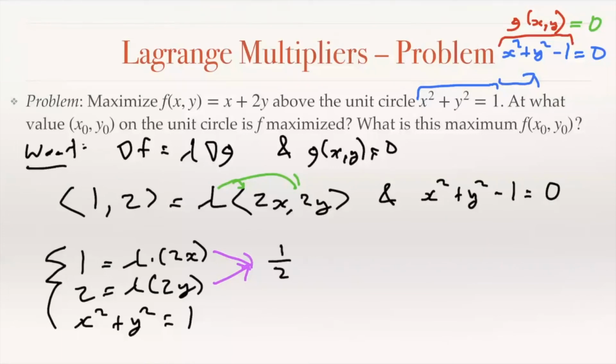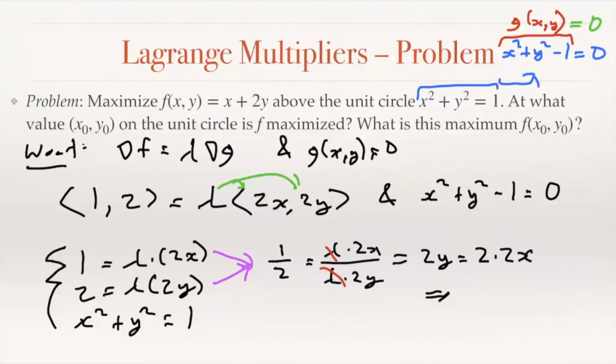We have 1/2 is lambda times 2x over lambda times 2y. Those go away. We don't even care about them. They're good dummy variables really. And we have 2y is 2 times 2x, and that implies that y is 2x.